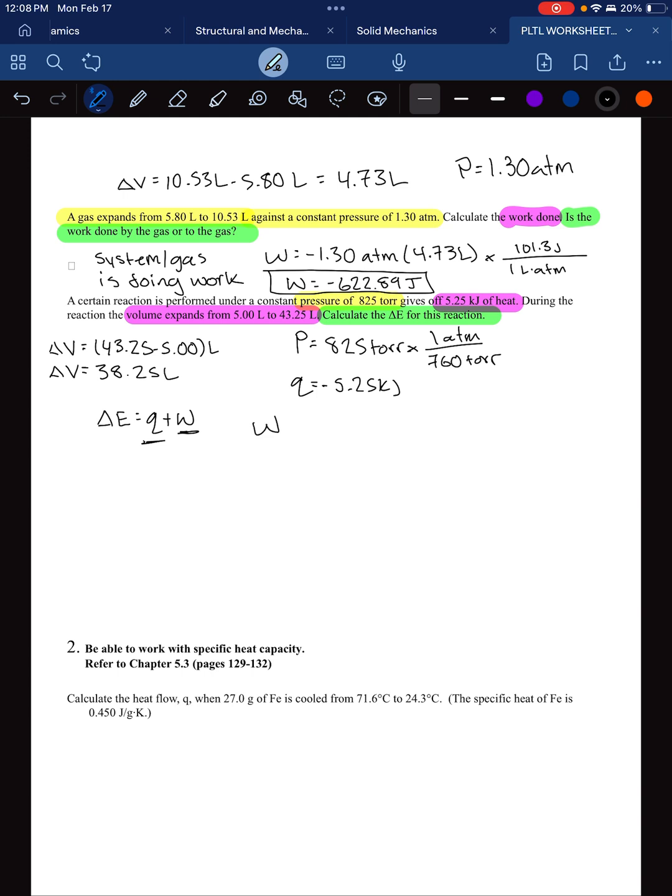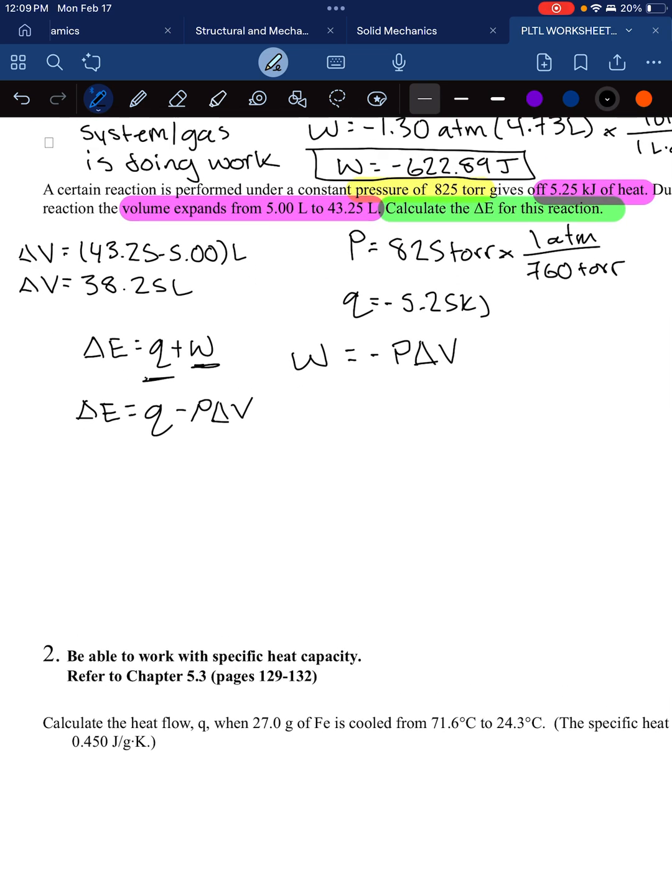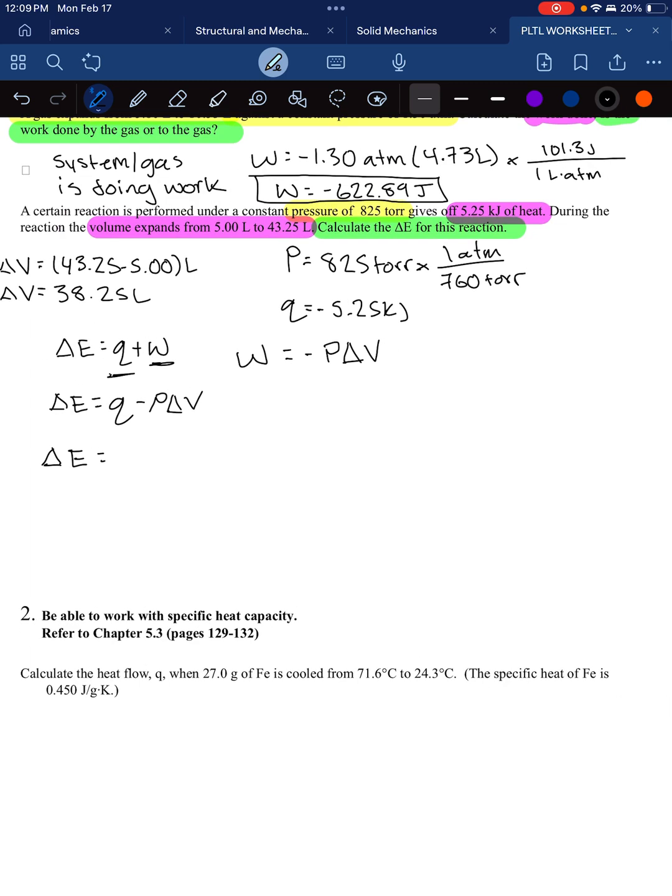And that's because, just like above, W equals negative P delta V. So our equation can be expanded to Q minus P delta V. All right, so now let's plug in. And I'll explain why in a second, it would be best to change this to joules. So 1 kilojoule is 1 times 10 to the 3 joules.